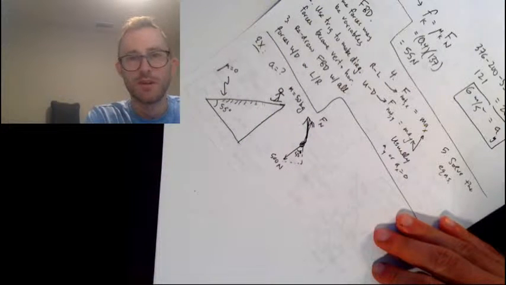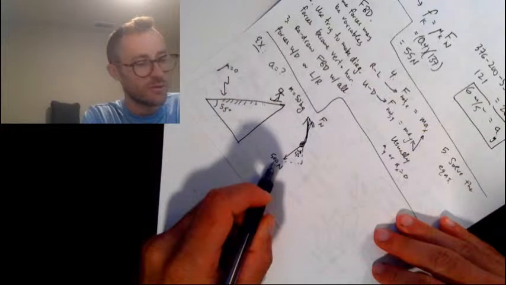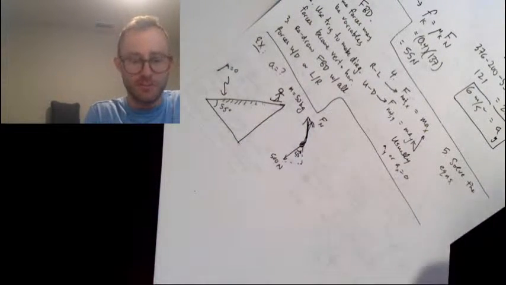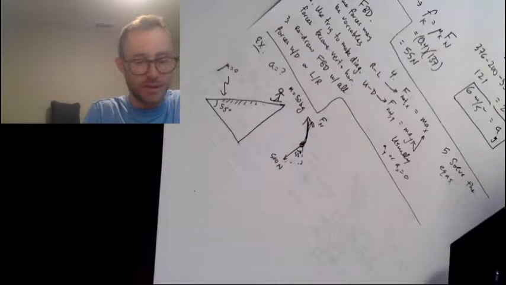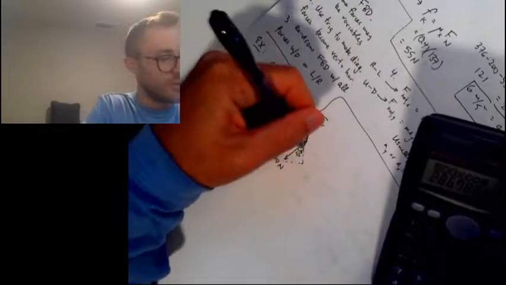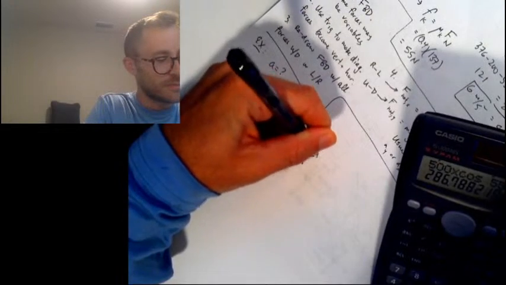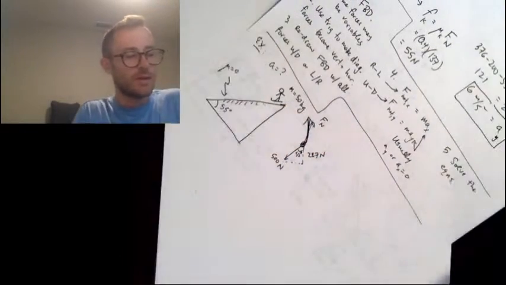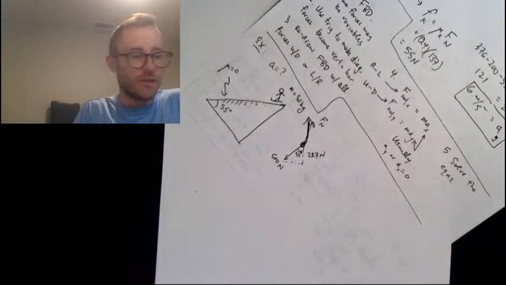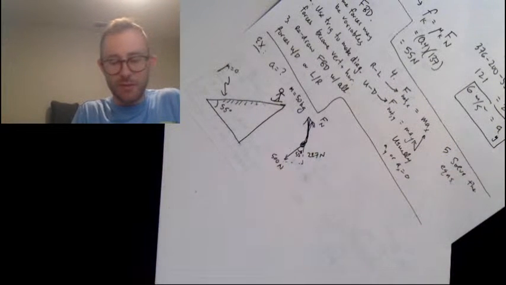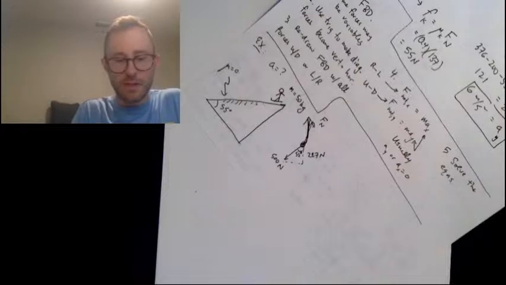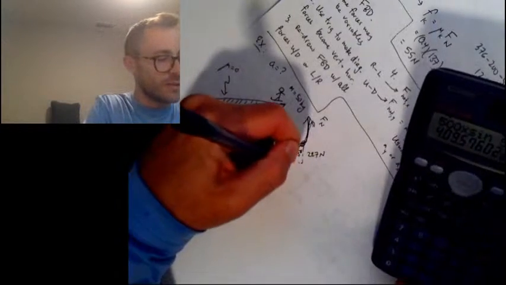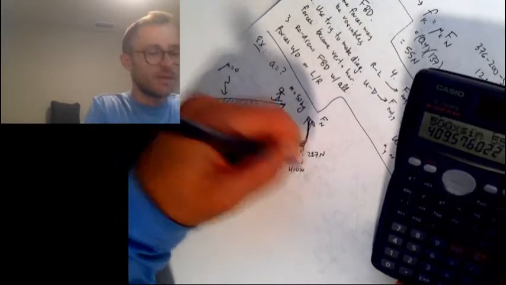So the 500 Newton weight force can be thought of as 500 cosine of 55, so 287 newtons, and then 500 sine of 55, which is 410 newtons.